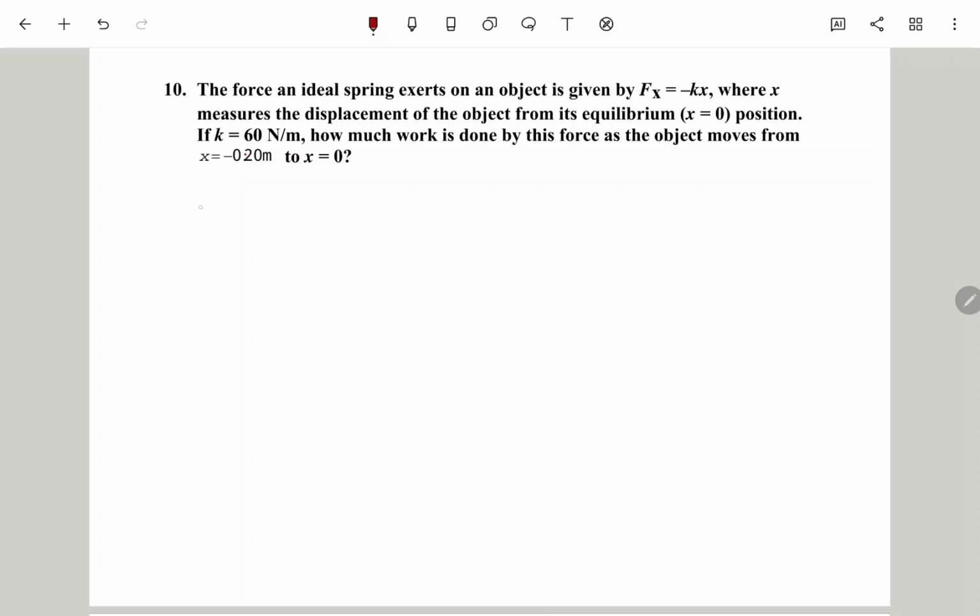Now in this case, remember, the work done by this force is equal to minus delta U spring, or half k x initial squared minus half k x final squared.